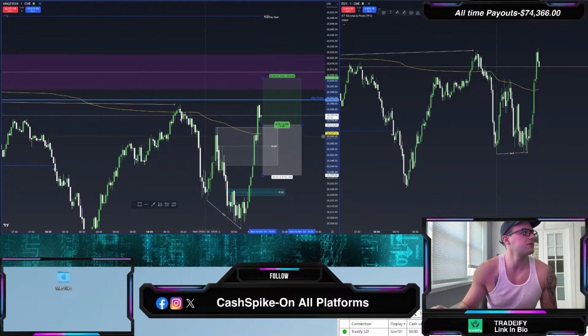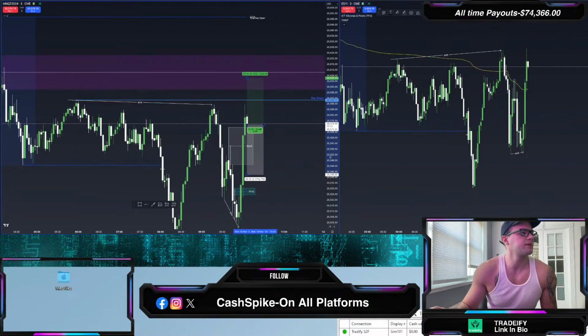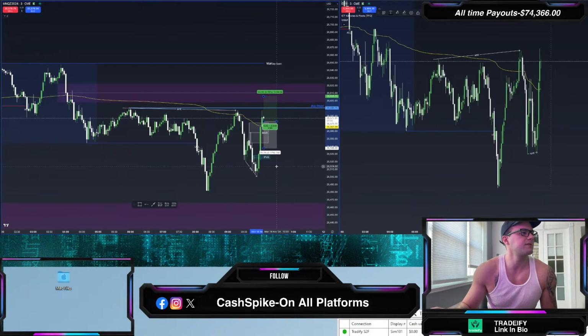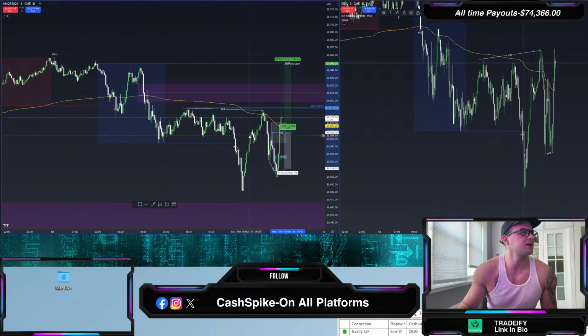I like this whole open area. Really don't like this whole open area. Maybe 50% of the break, and then stop us here. Maybe take the long high.